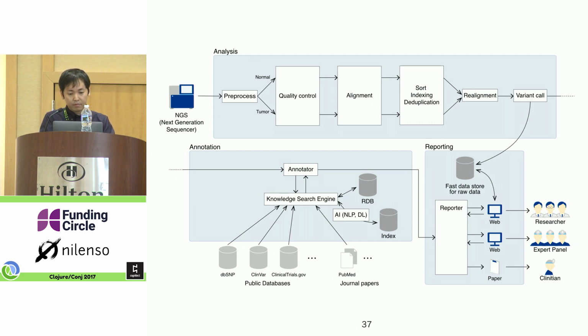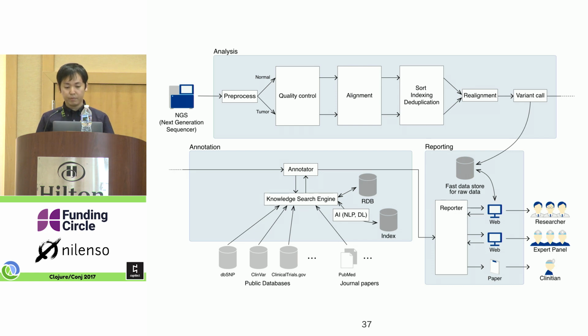In annotation modules, annotators hold knowledge about the relation between variants and clinical information from public databases like dbSNP, ClinVar, clinical trials, and academic journal paper databases like PubMed. The annotator adds such information to variant data. In this part, we use some AI technologies like natural language processing and deep learning.